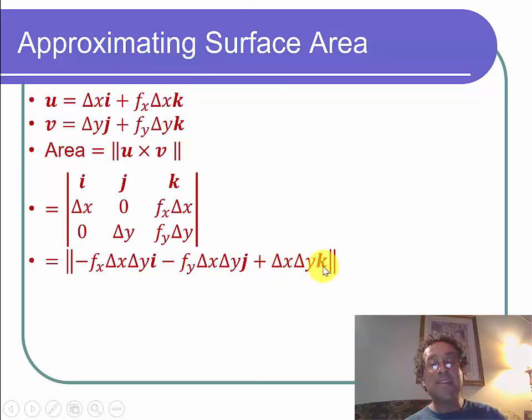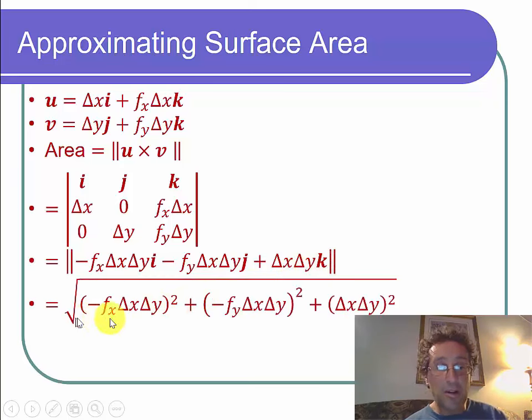Now let's find the magnitude of this vector. I just take the square root of the sum of the squares of the components of this vector. So I get the square root of negative f sub x delta y, quantity squared, plus negative f sub y delta y, quantity squared, plus delta x delta y, quantity squared. Notice here that delta x delta y, quantity squared, is in all three of these terms.